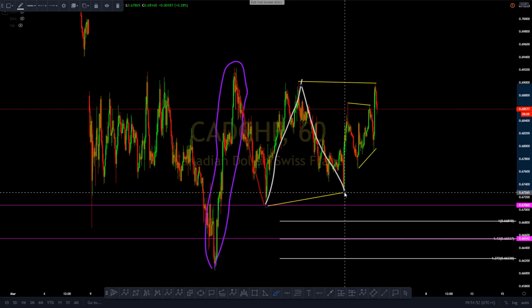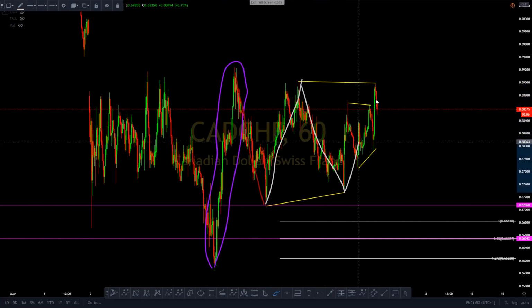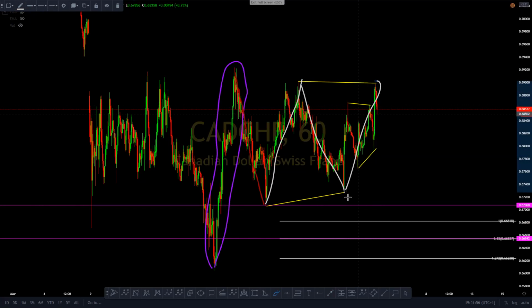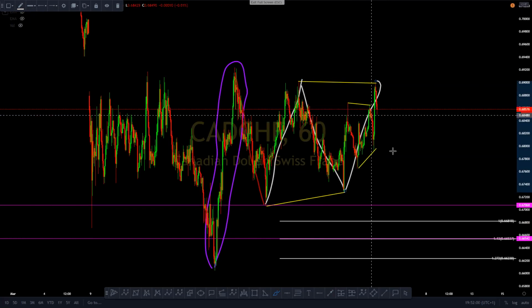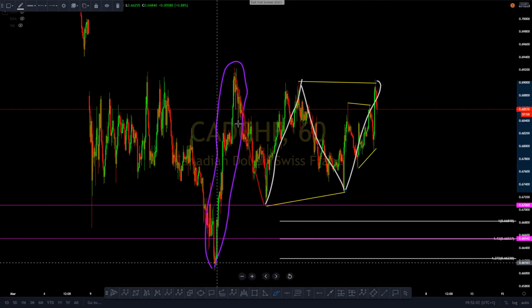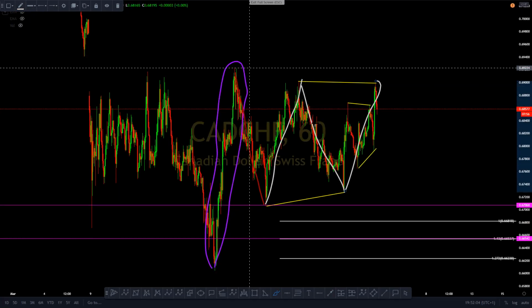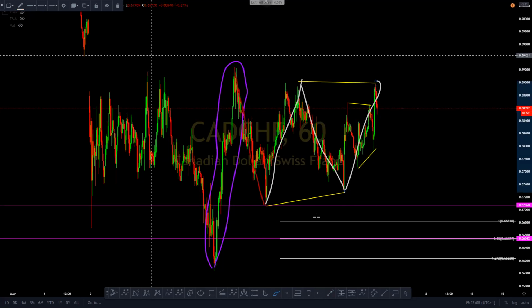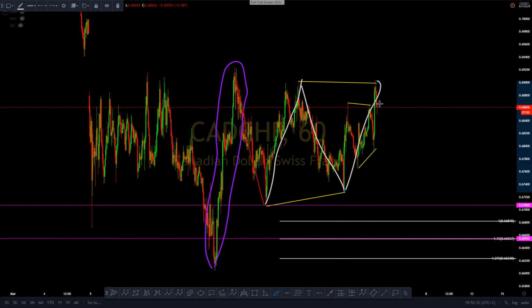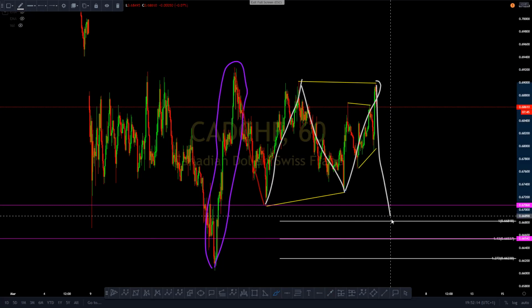We have another one again to the upside. You see? We are one more down before we'll be thinking of having this similar move to the upside again to complete this structure. In order to complete this structure, we are expecting a move to the downside like this, to this level.